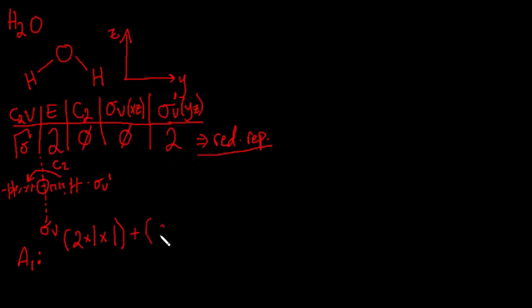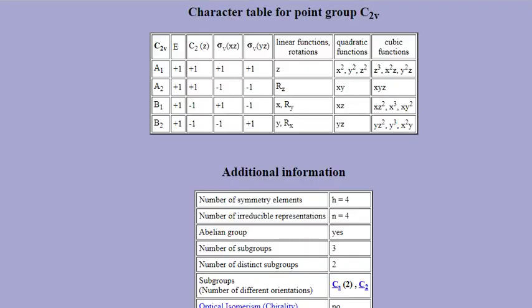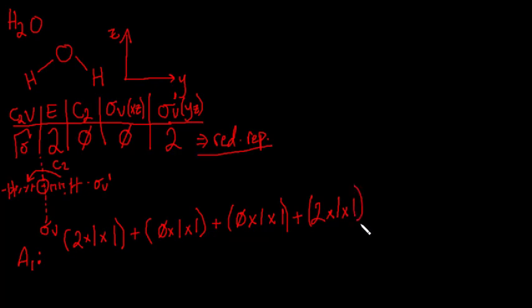So in this case here, the next one is going to be 0 times 1 for the coefficient times +1 in the table. The next one is going to be 0 times 1 for the coefficient and +1 in the table. And lastly, the last sigma V, we have 2 as the representation times 1 for the coefficient and +1 in the table, the character.